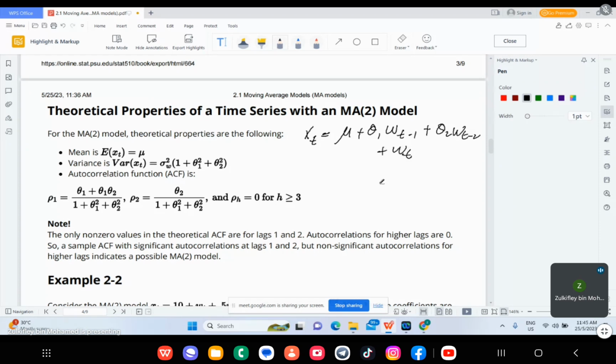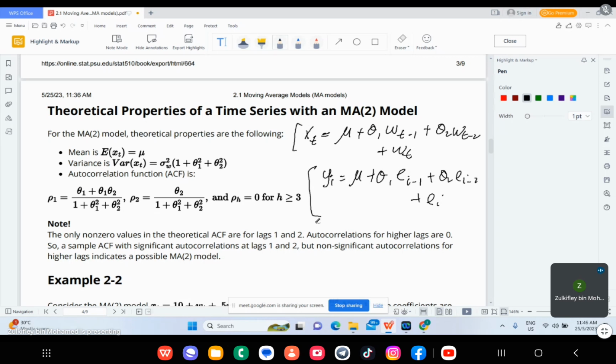Wt is referred to our error ataupun epsilon. So kita tulis pula begini, Yi equal to mu plus theta 1 epsilon i minus 1 plus theta 2 epsilon i minus 2 plus epsilon i. Ini cara kita tulis. Boleh awak boleh tulis cara begini ataupun tak cara yang kedua.